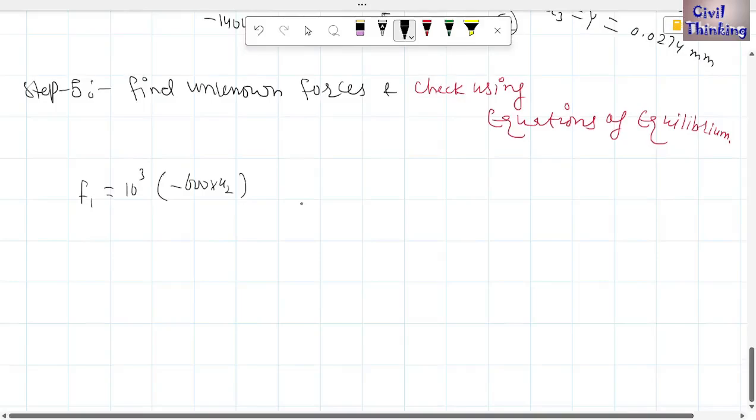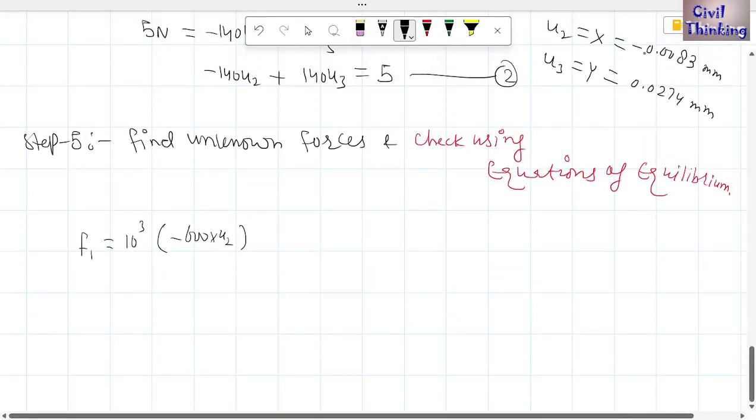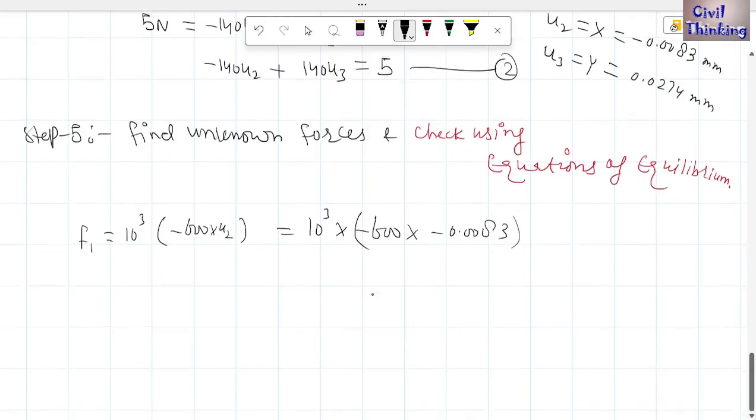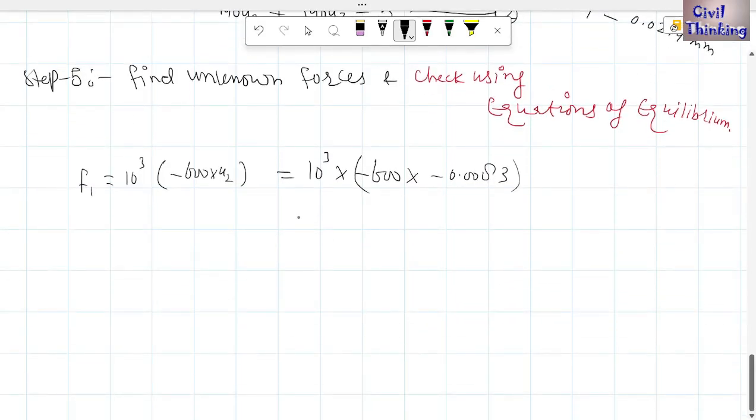So now what is the value of u2? It is minus 0.0083. So it is 10 to power 3 times minus 600 times negative 0.0083, right? Negative and negative is positive, so it is 10 to power 3 times 600 times 0.0083.